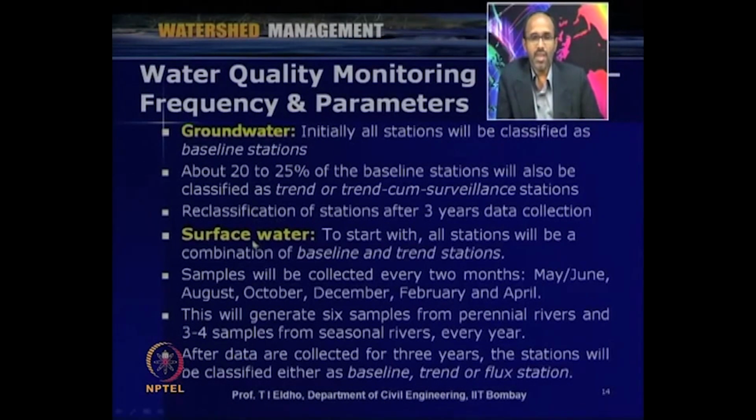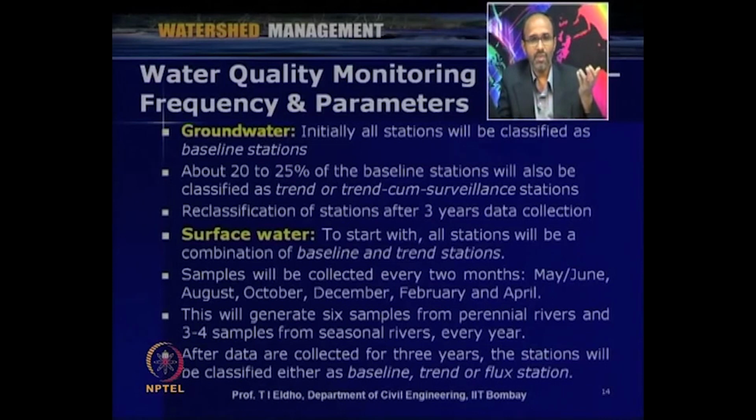Now, as far as surface water is concerned, to start with, all stations will be combinations of baseline and trend stations. Wherever we take the samples, we can classify them as either baseline stations or trend stations.